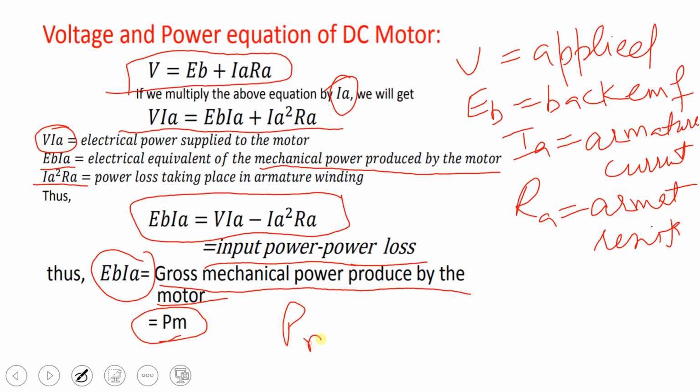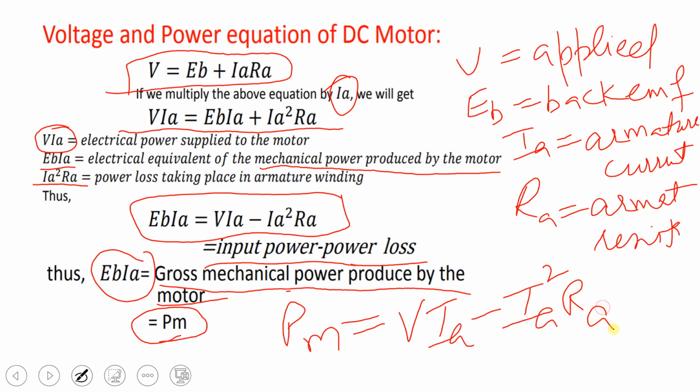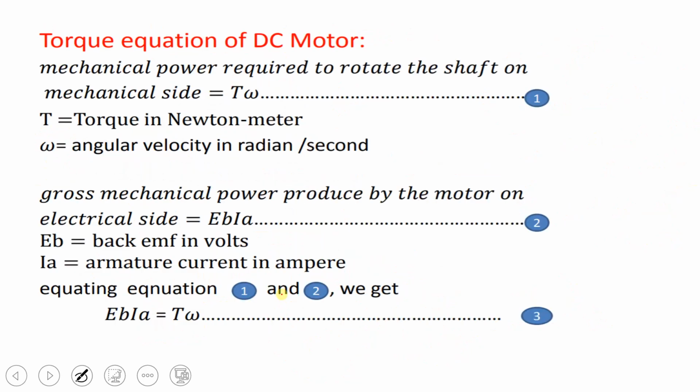So PM, the power of a motor, equals VIA minus IA square RA. Here V is the applied voltage, IA is the armature current, and this is the power. Okay, so this is the voltage and power equation.